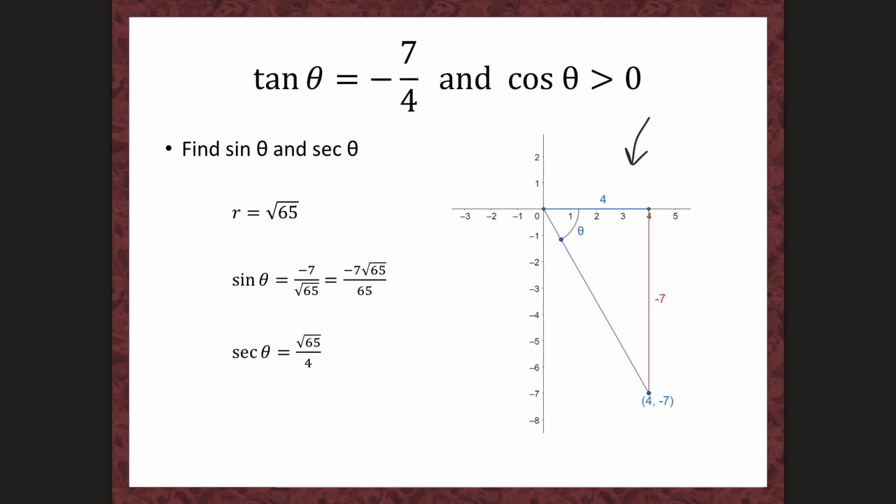We used the point (4, -7) to calculate what r was. That was the square root of 65. And then we used the formulas for the trig functions of any angle to find sine to be -7 times the square root of 65 over 65, and the secant to be the square root of 65 over 4. Okay, I think it is time that we work on some of these.